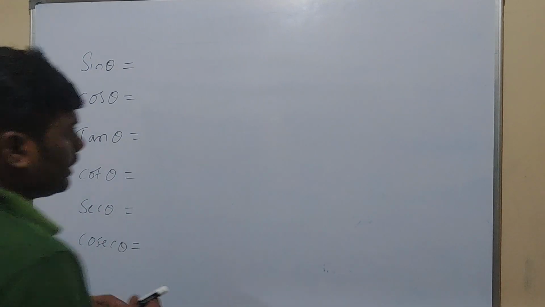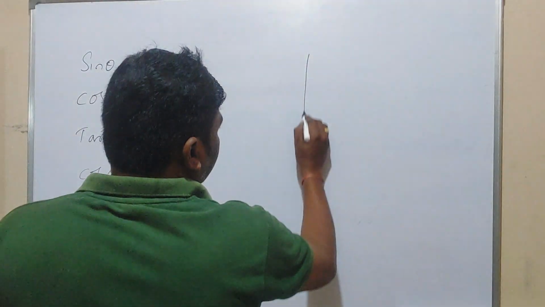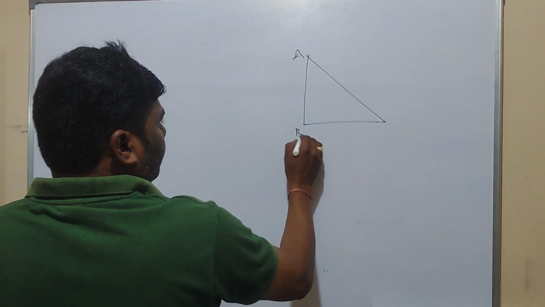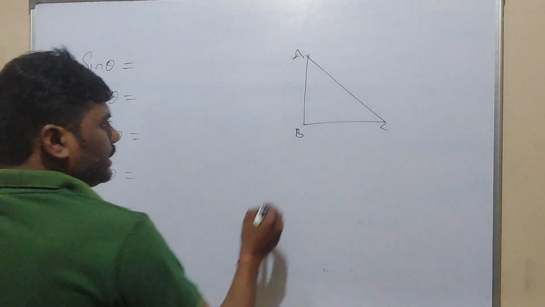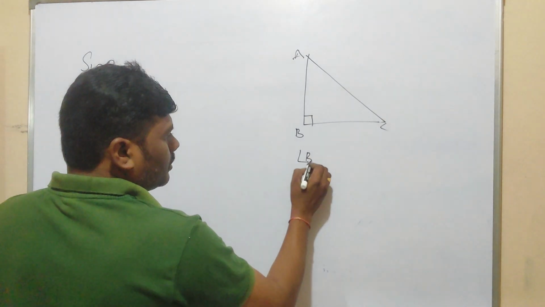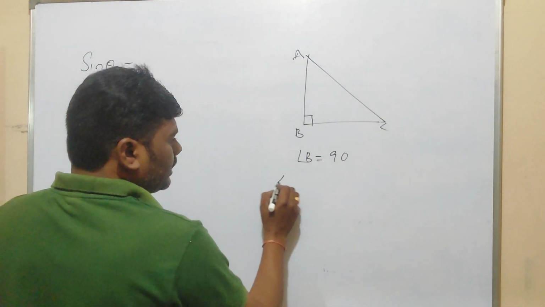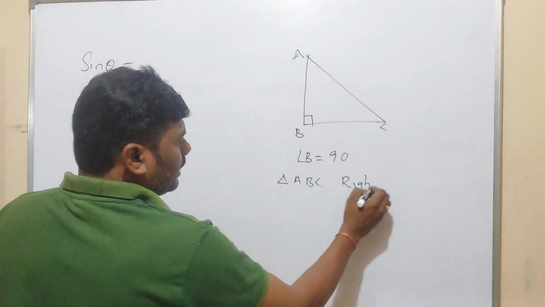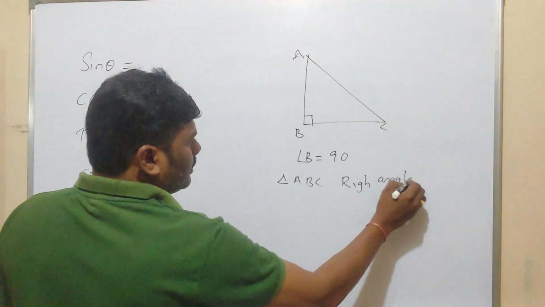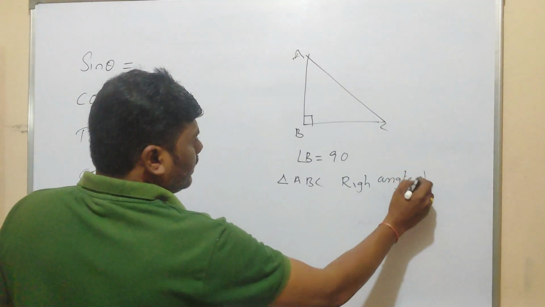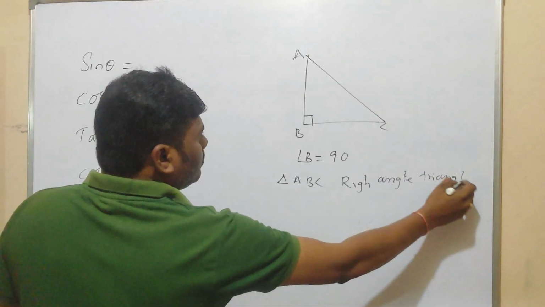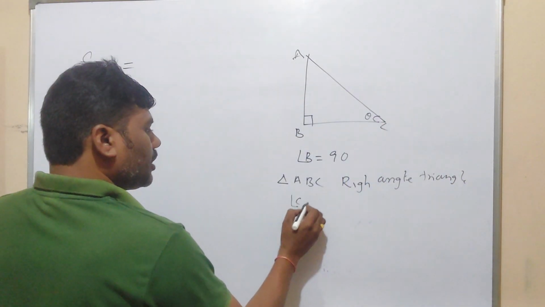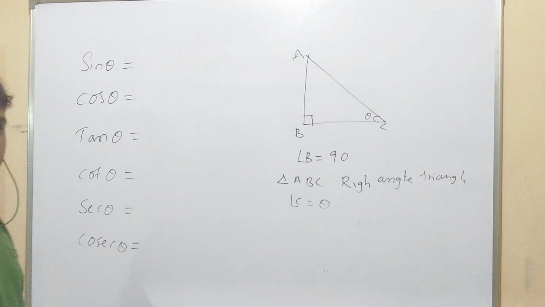So here draw a right angle triangle ABC, where angle B equals 90 degrees. Take angle C equal to theta.